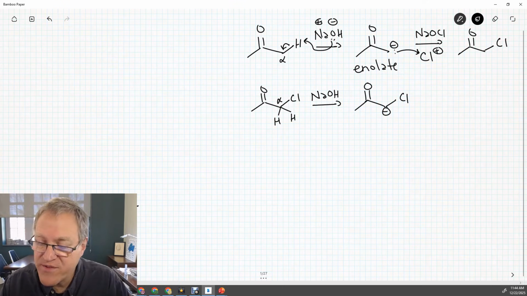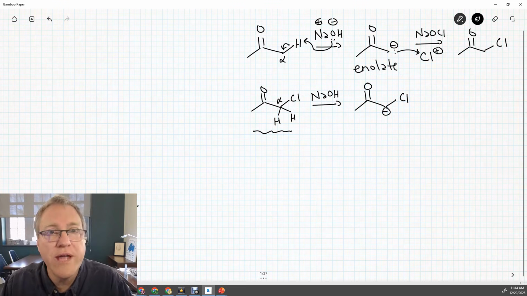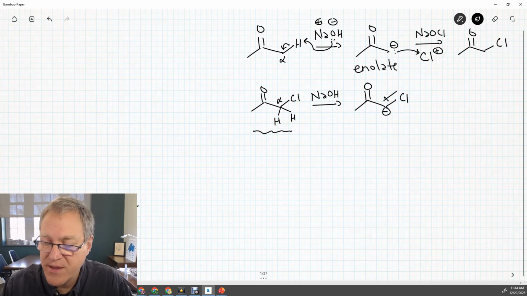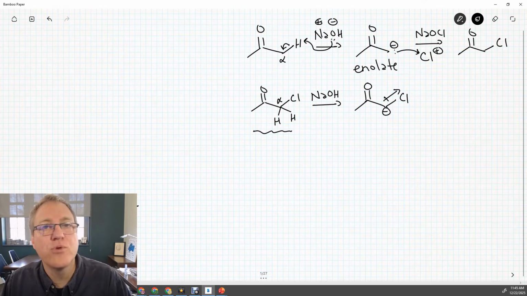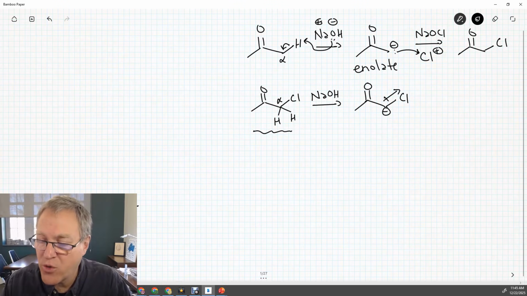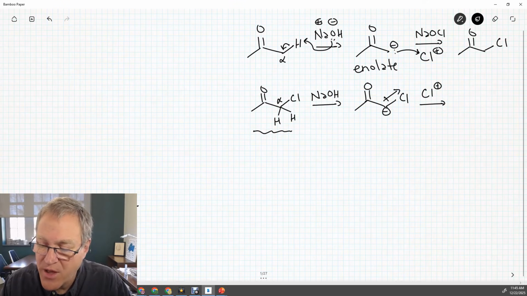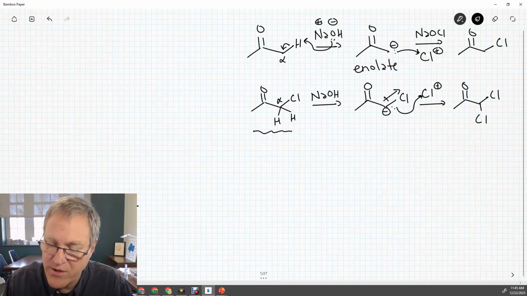This chlorinated acetone is more acidic because the resulting conjugate base, the enolate, is stabilized through an inductive effect by the presence of that one chlorine. Now that enolate also can react with electrophilic chlorine. And now we have two chlorines on here. We're going for 3, so we got to do this one more time.